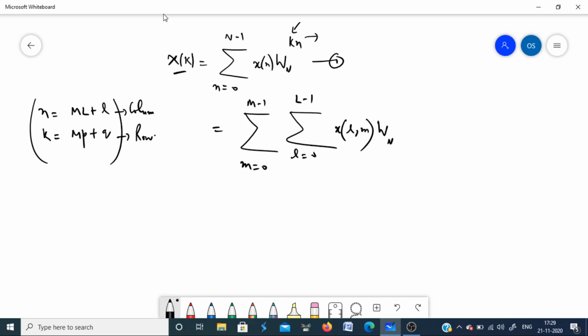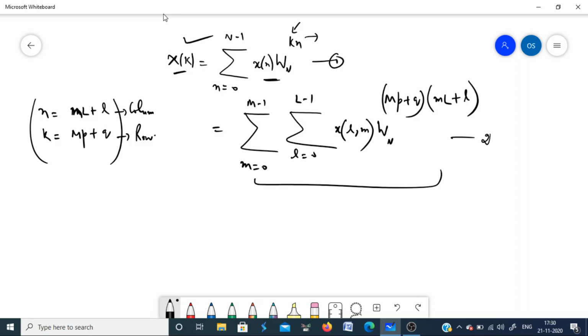So this is W_N to the power kn. In place of k you can write mp plus small q multiplied with n, which is small m into l plus l. So if you expand this equation, you basically get the same as from this equation. Okay, and you can simply verify it.